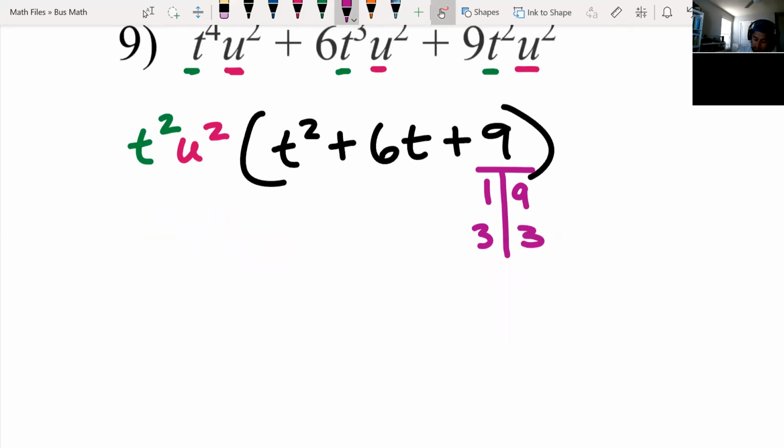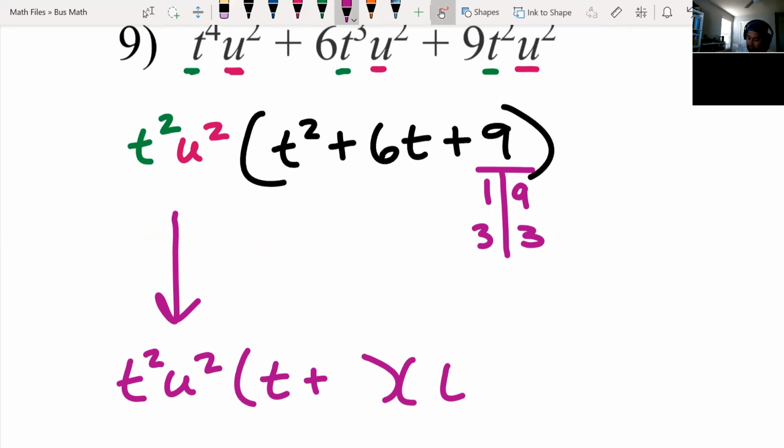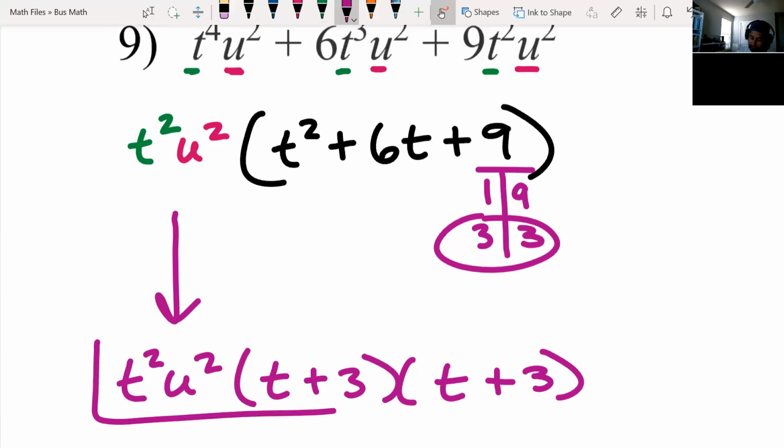Bring these down. T squared, u squared, and this is plus plus. These are my favorite because that means you'll get t plus a number, t plus a number, and we said 3 and 3 are going to work. So just put 3 there, and it's done.